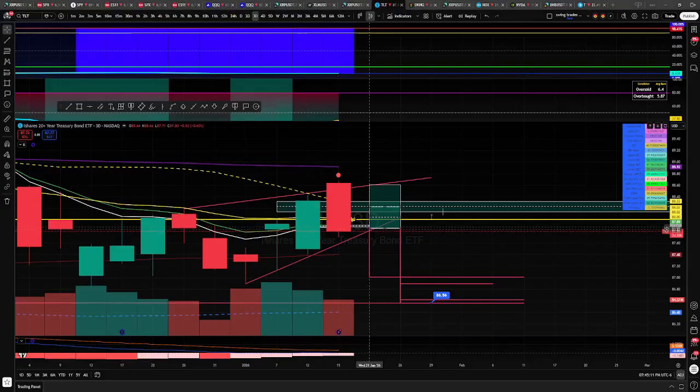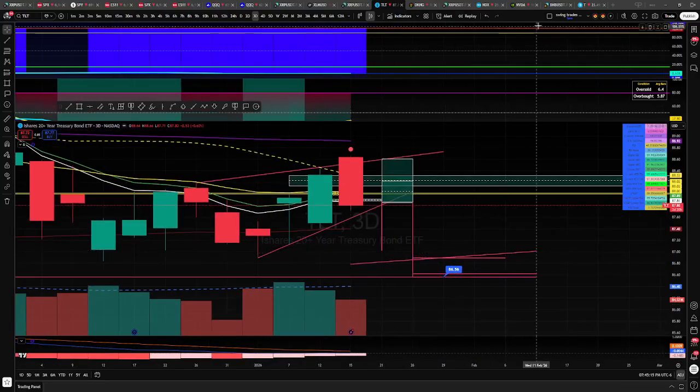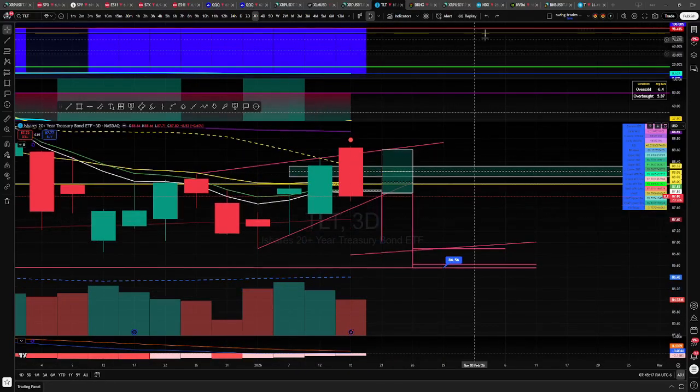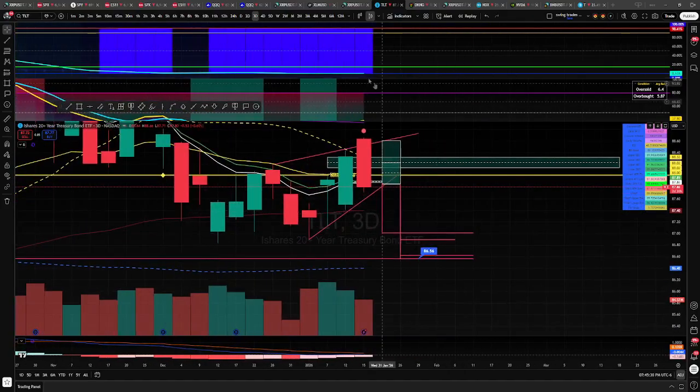So first of all, let's start with the obvious. Obvious being the wedge here, which means squeezing it down, the lower the volume, we could be seeing a downside here.